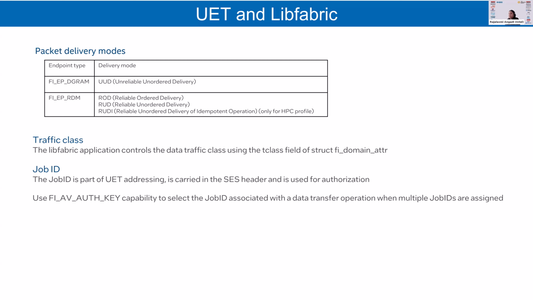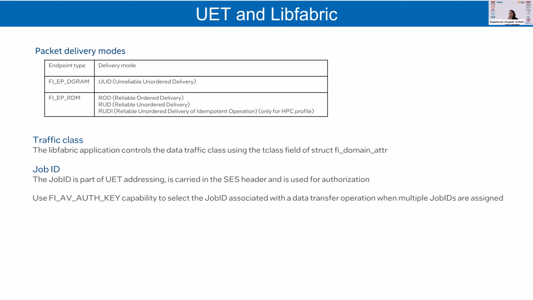The ordering requested at the Libfabric layer is passed to the SES layer of the UET stack so that it can select the packet delivery modes and how those packet delivery modes are being used. So basically, there are different mappings of various structures within the Libfabric library itself that will have these different values that can be passed to the SES layer and ultimately to the transport for it to operate accordingly. Then there are traffic classes.